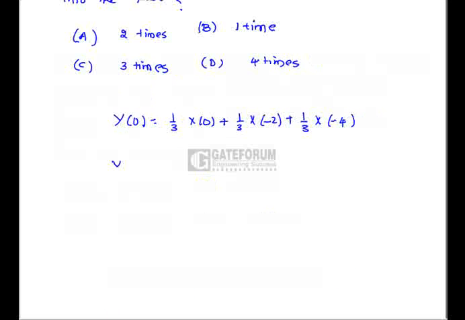Similarly, y of 4 equals 1 by 3 x of 4 plus 1 by 3 x of 2 plus 1 by 3 x of 0. That means the output at the fourth instant not only depends upon the input at that particular instant, but also requires the x of 0 sample, meaning 4 samples beyond that. Hence it requires 4 times memory of the past samples. Hence option D is correct.